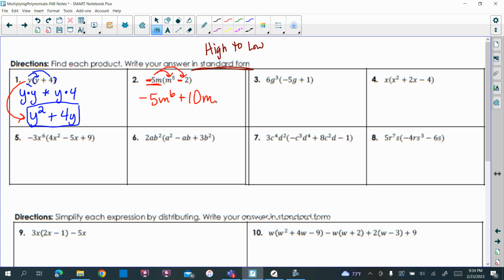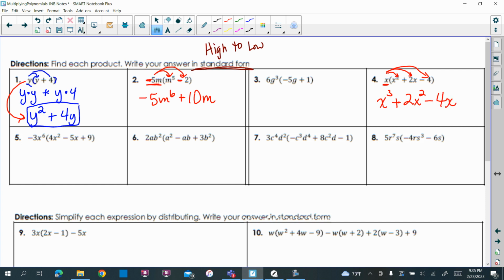Now 4, the only difference on 4 is we're still taking this binomial of x, but now we're distributing, hippity hoppity, I'm showing the arrow of what I'm multiplying to each term. We're distributing to 3 terms now, so we're distributing to a trinomial. So we're doing x times x squared, that will turn into x to the 3rd power, plus now 2x squared, because x times x is x squared, and then minus 4x.